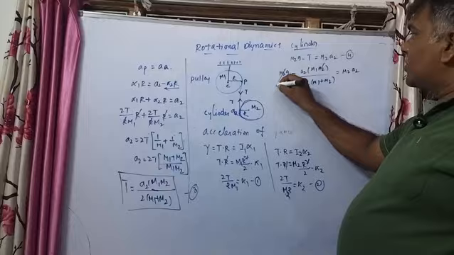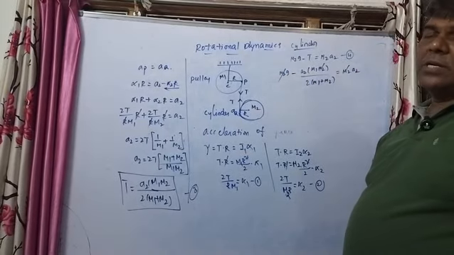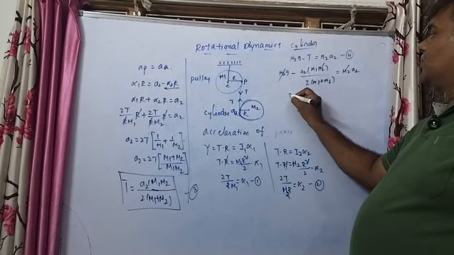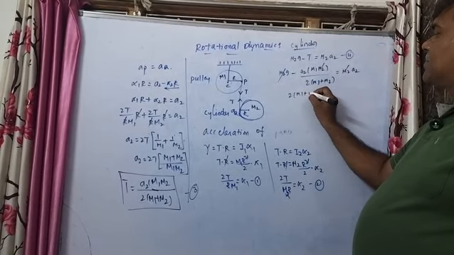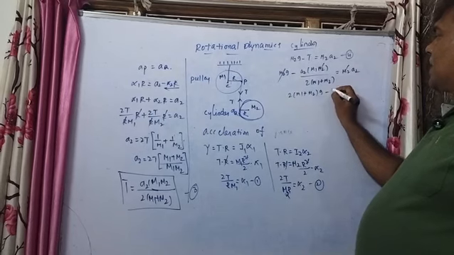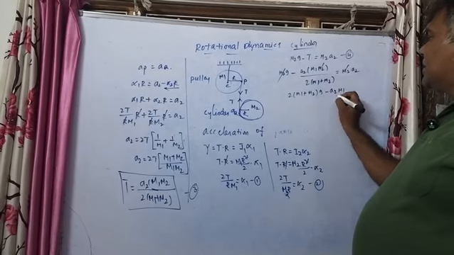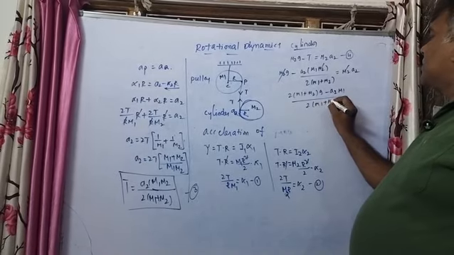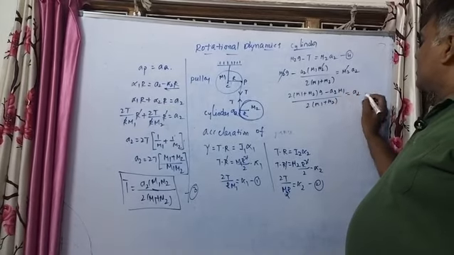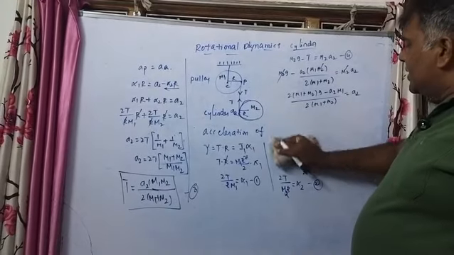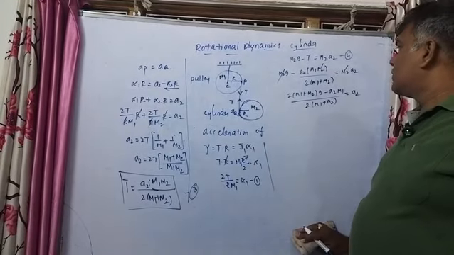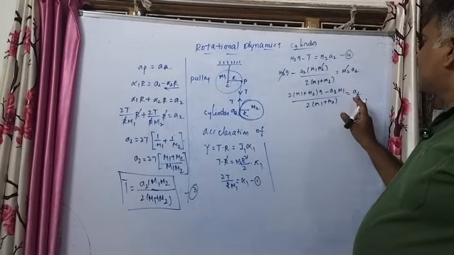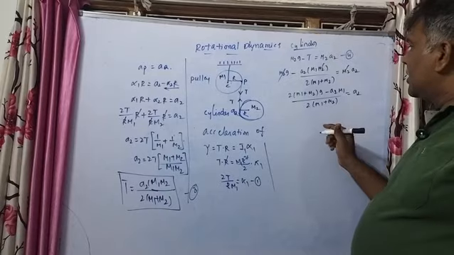M2 is taken common and cancelled on both sides. So 2 into M1 plus M2 into G minus A2 into M1, divided by 2 M1 plus M2, is equal to A2. But we want only A2.